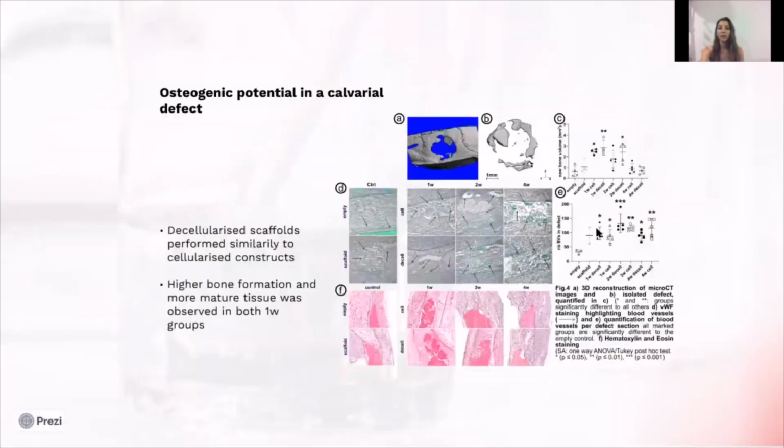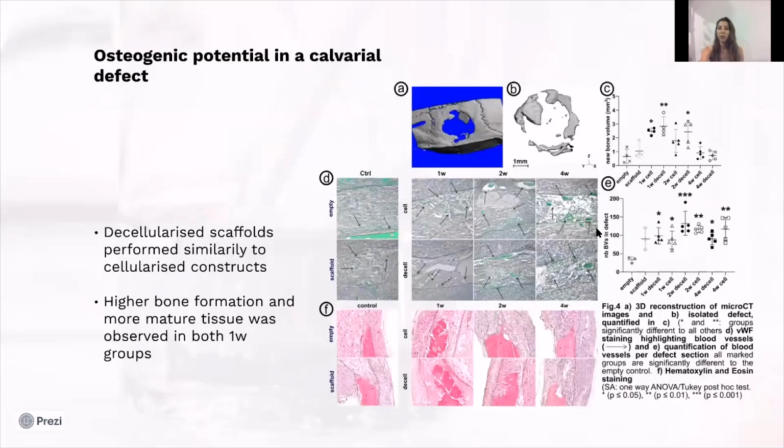So when looking at the microCT, we could see that overall decellularized scaffolds and cellularized ones perform very similarly. We also observed high vascularization in all the groups except in the empty defects. Overall, we had higher bone formation and a more mature tissue in both the 1-week groups.